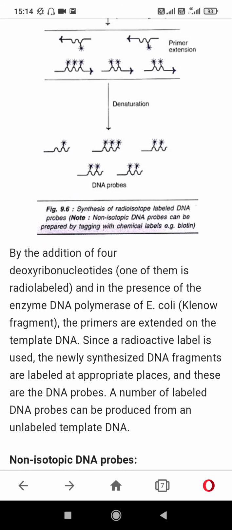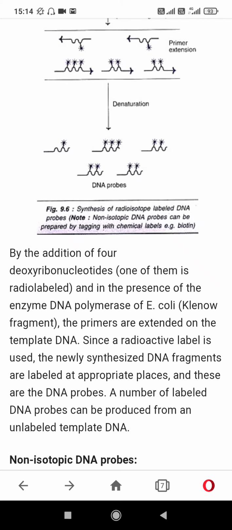So by the addition of 4 deoxyribonucleotides, one of the nucleotides labeled with a radioactive isotope, and in the presence of the enzyme DNA polymerase of E. coli, the Klenow fragment, which is the large subunit of DNA polymerase of E. coli, has been used here.